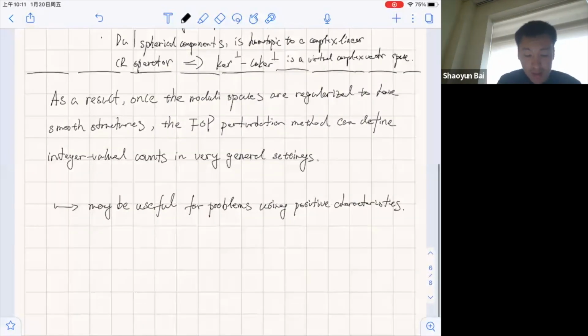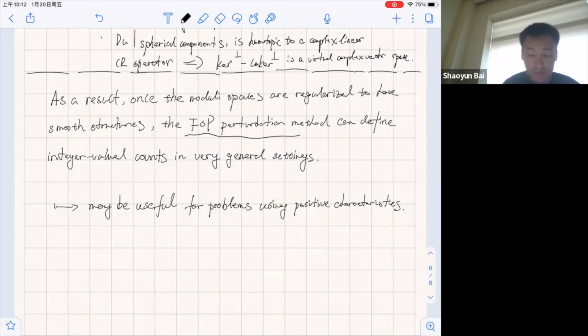So as a result, once the moduli spaces are regularized to have smooth structures, of course, that's a big if, because a lot of hard work is carried out to endow the moduli spaces with smooth structures, then our perturbation scheme can be applied to define integer valued counts in some very general settings.